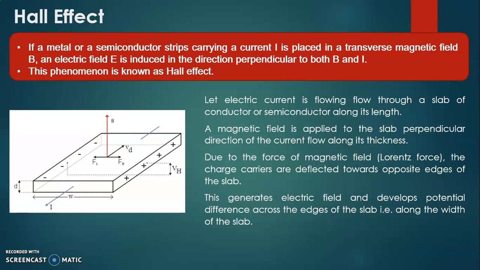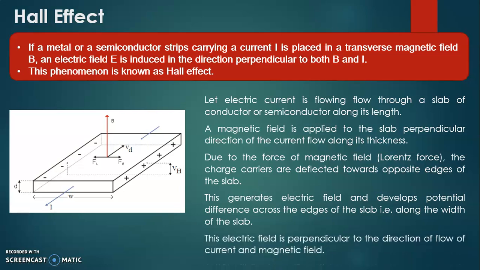Current is along the length, the magnetic field is along the thickness, so the electric field will be generated along the width. See this width. This electric field is perpendicular to the direction of flow of current and the magnetic field.